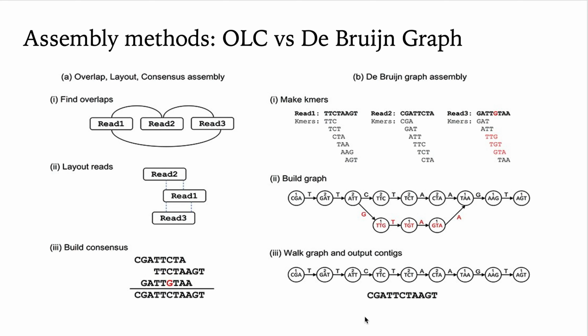In this particular example, the final output is going to be the same as OLC, but if you can imagine, sometimes these graphs have many different branches, and it is not just the consensus sequence that becomes your contig. I'm not going to go into more details on the computational method for this. I encourage you to look into it if you're interested. But de Bruijn graphs are really the major way we approach assembling metagenomes today.